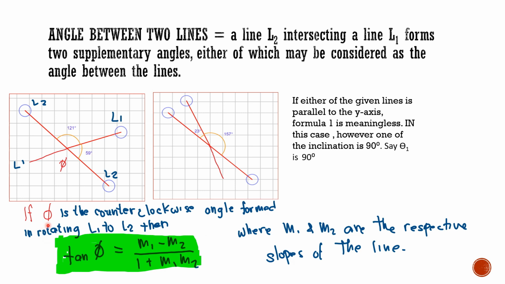If phi is the counterclockwise angle formed in rotating L1 to L2, then tangent of phi is equal to M1 minus M2 all over 1 plus M1 times M2, wherein M1 and M2 are the respective slopes of the lines.